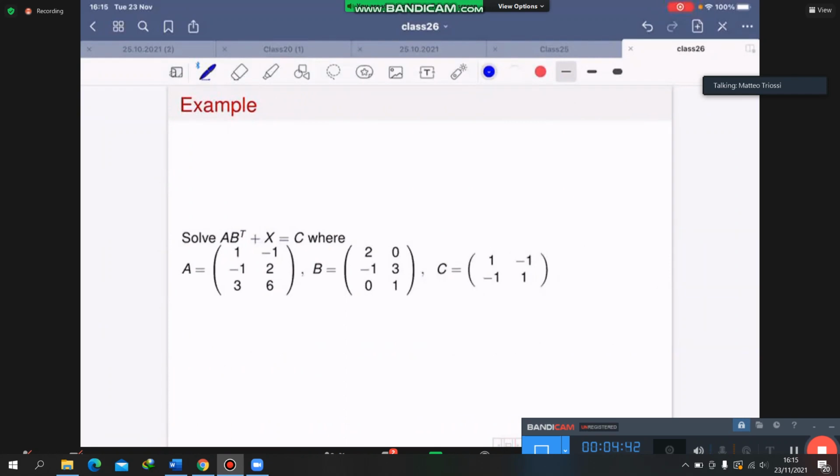So let's solve the following example. Well, let's solve the following equation. It's actually a system.